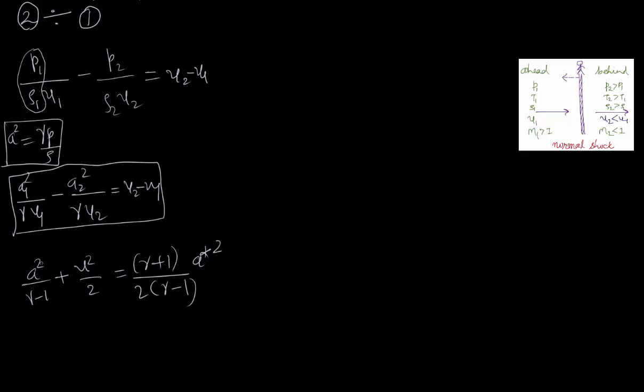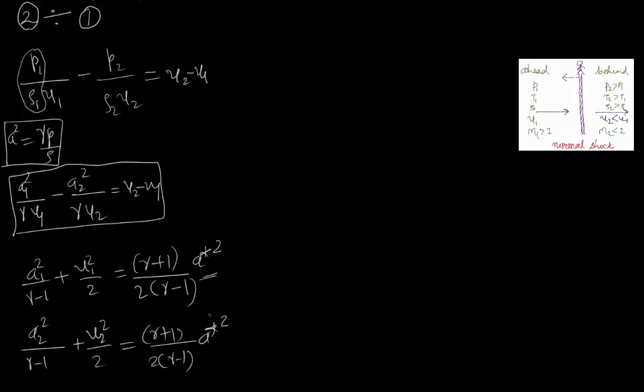We can write this equation for position 1 as well as for point 2. For 1 it will become a1 square by gamma minus 1 plus U1 square by 2, and a star square. For 2 it will become a2 square upon gamma minus 1 plus U2 square by 2 equals gamma plus 1 by 2 into gamma minus 1 a star square.